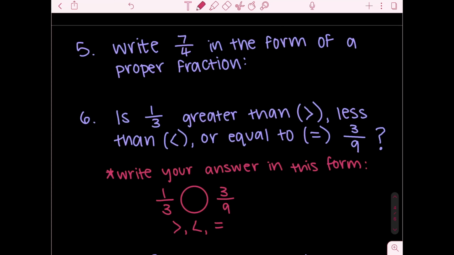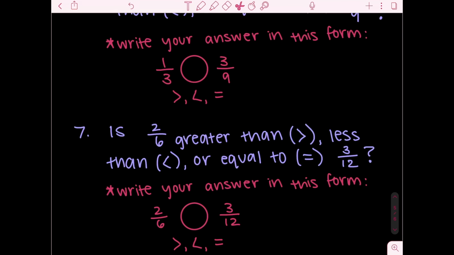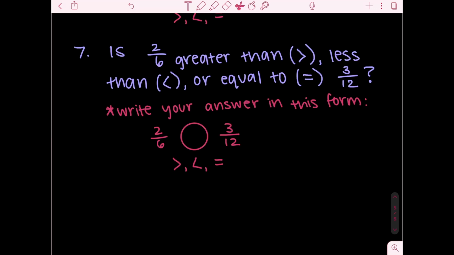So you're going to have some number, for example, 10, with a fraction by its side. That's what mixed means. And then number 6, I'm asking you to compare two fractions, 1/3 and 3/9. And number 7, comparing 2/6 and 3/12.